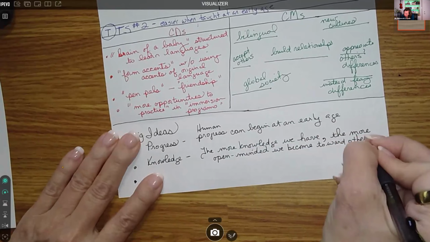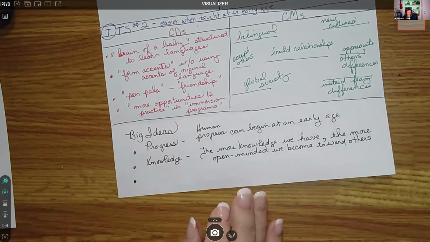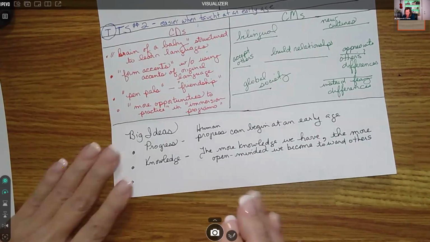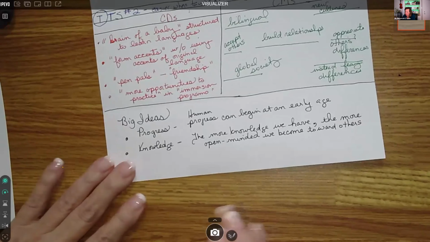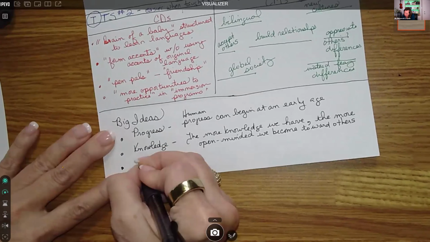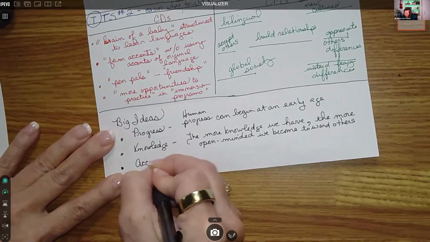That's what I'm thinking because they talked about friendship and learning different cultures and learning about different countries. And then the other thing, maybe I think for me, I'm thinking acceptance is a big idea.